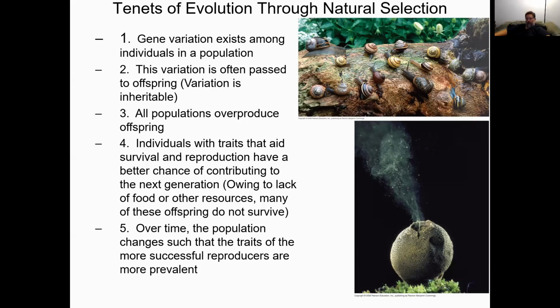I already kind of mentioned this, but all populations over-reproduce. Now, this is why it's important to mention Malthus, if you go back to the previous presentations. Malthus, if you remember, influenced Darwin because he was an economist who made the argument that you're always going to have a population of people struggling for resources and for food.